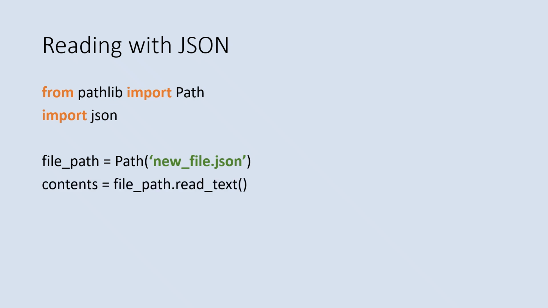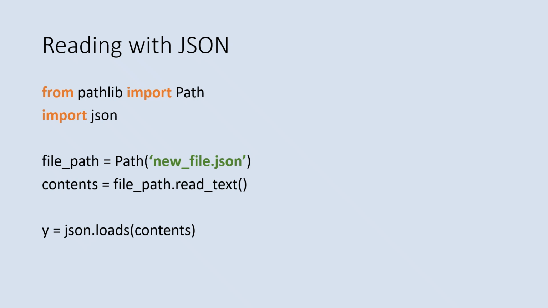We're going to read those contents, and they come in as a string, and then we need to load that string. And so what json will do is load that and save it to y. What this does is it converts the string back into the dictionary that we had before.